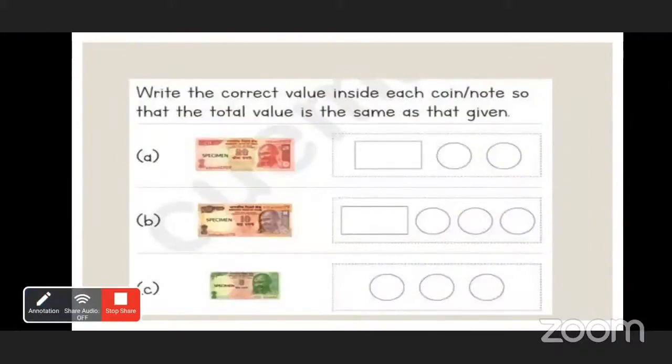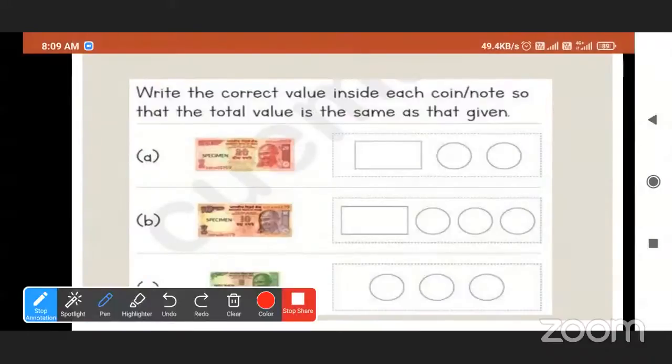Now see here. Write the correct value inside each coin or note so that the total value is the same as that given. So here we have to draw coins or notes, or we can write only the numbers.